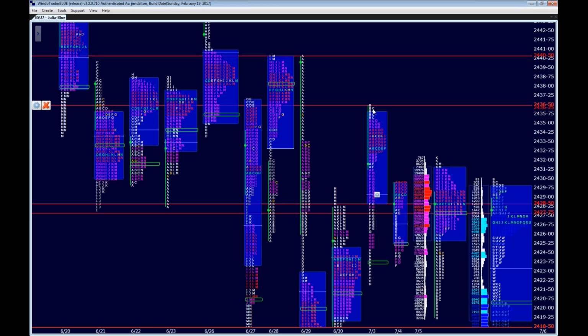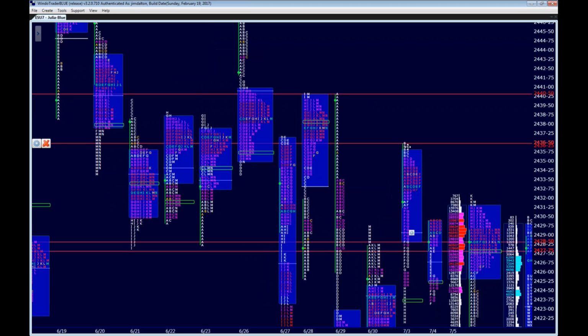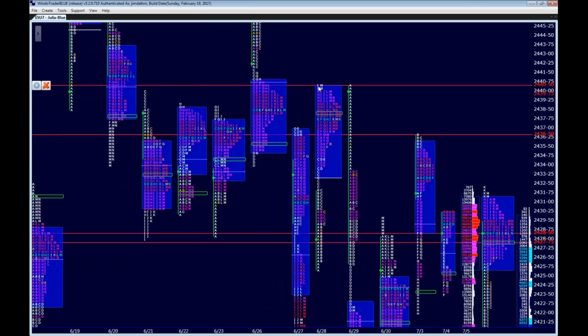If you will now go look at the high from 6/29. Yes, that's weak. The high from 6/29 is not poor because there are single prints, but it is weak because it exactly matches the poor high from 6/28.